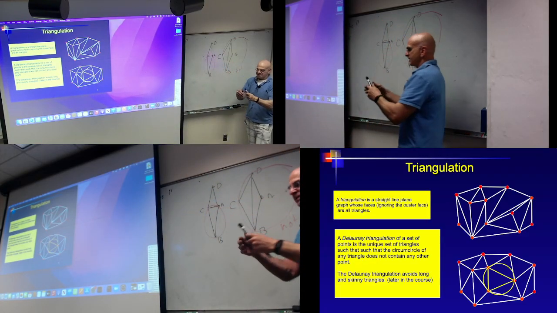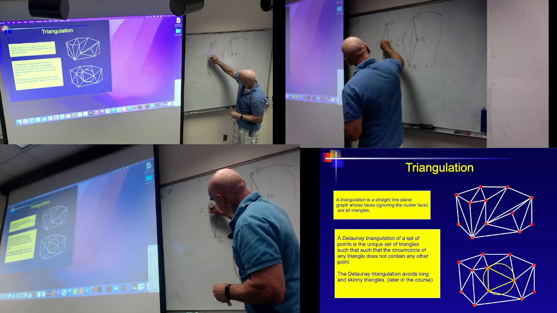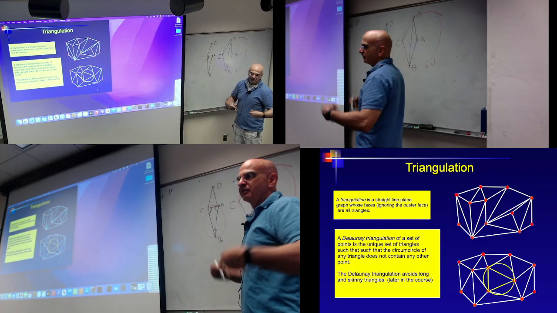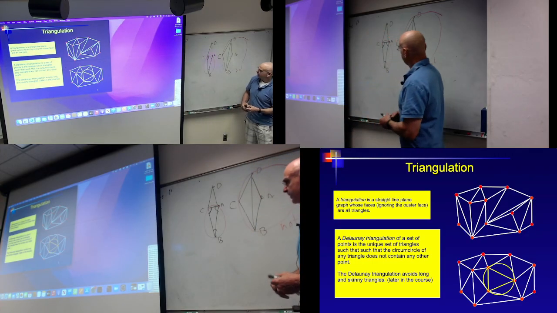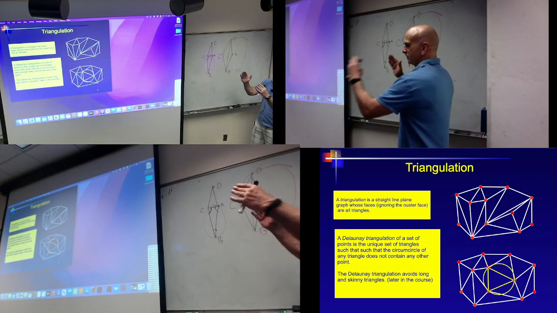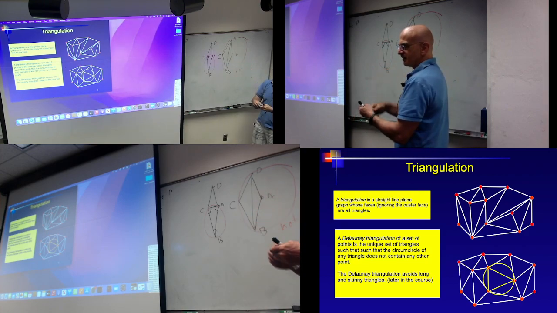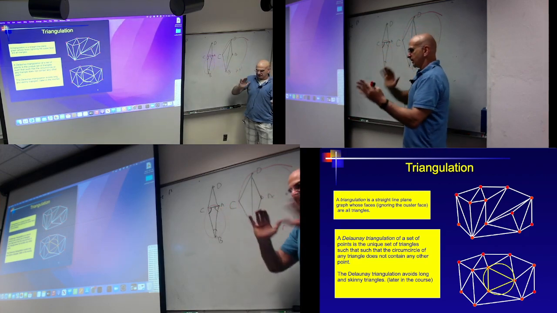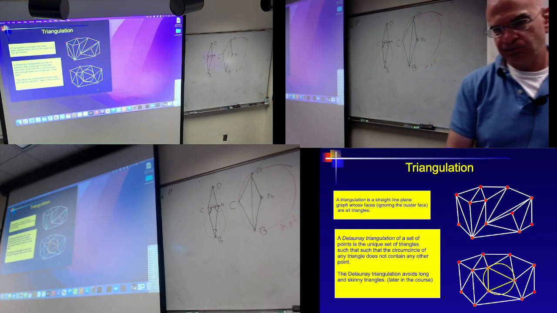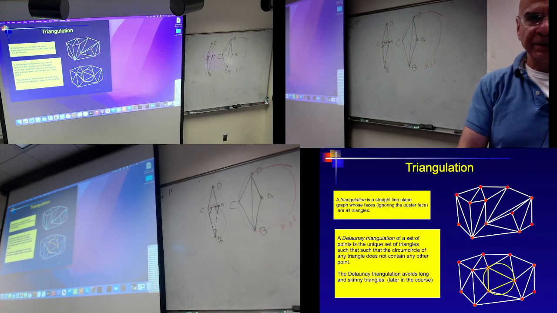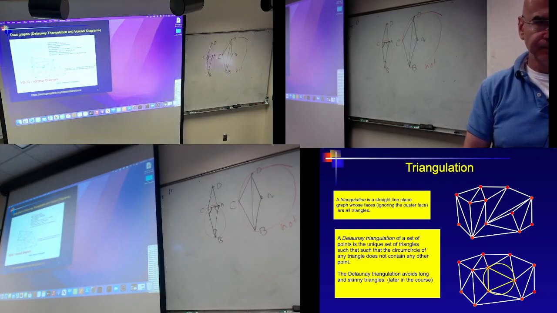We prefer triangles where all the angles are large, at least as large as they could be. We prefer triangles whose aspect ratio, area versus diameter, is small, so they are compact. It's a kind of universal property that makes a good triangulation.